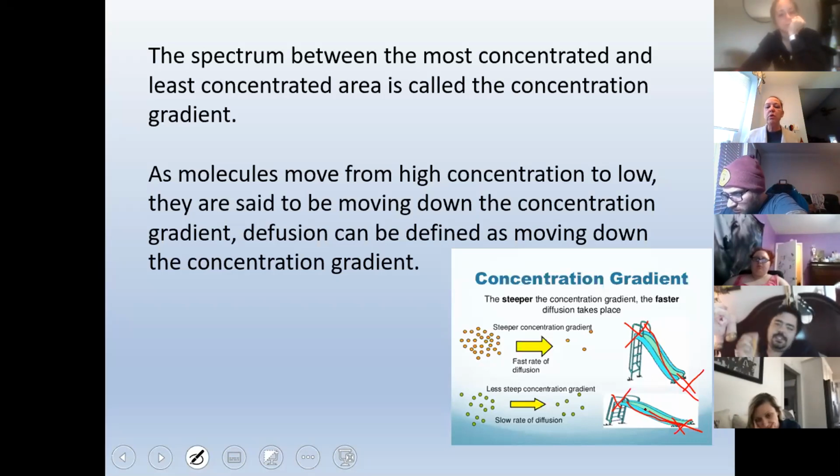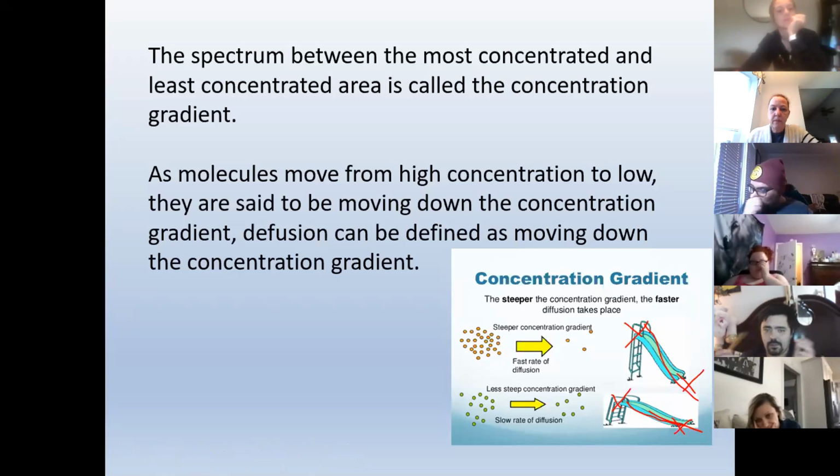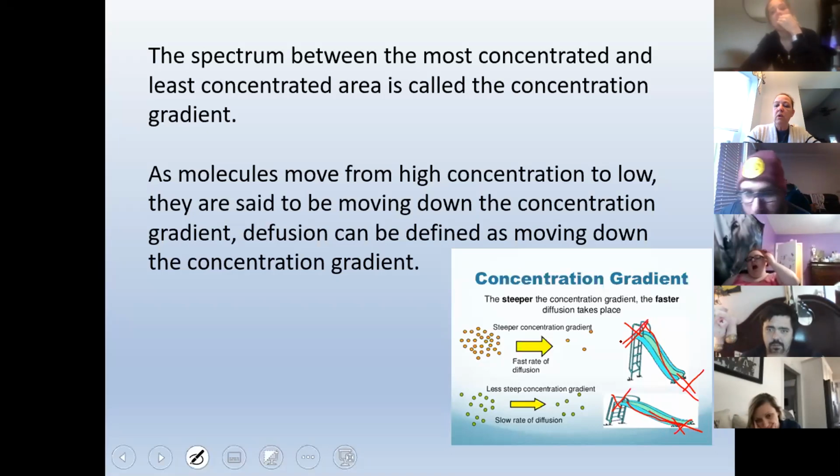As molecules are moving, the speed with which they move will be dependent on the difference between the high and the low. And in this case with diffusion, we're always moving from high to low.